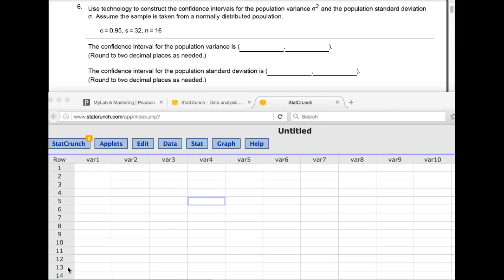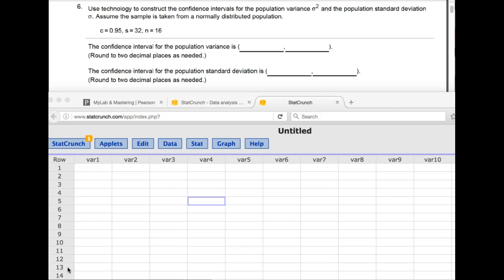So we start off by noticing that our C level, or our confidence level number, is 0.95, which means that we want to construct this confidence interval with 95% confidence. The S stands for the sample standard deviation, and the N is the number of elements in our sample, or the sample size.